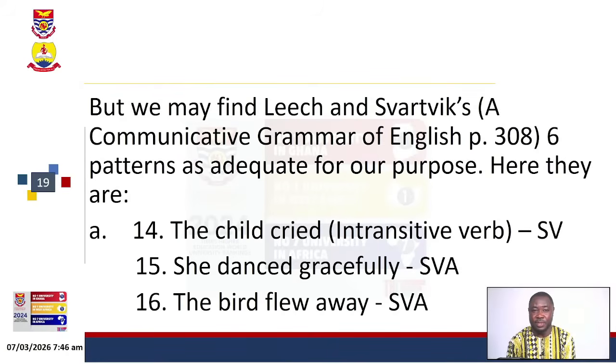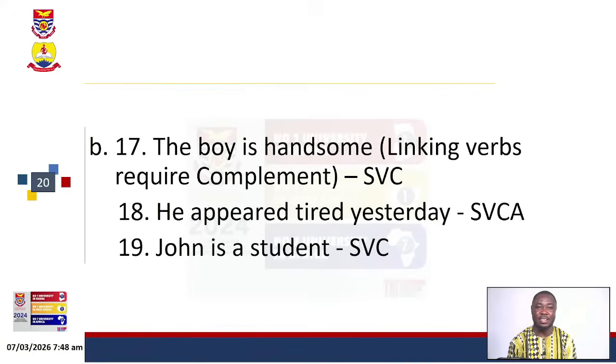Gracefully, SVA. And the bird flew away. We are showing where the flying of the bird was directed. Okay? Good. So SV, SVA, and then SVA in examples 14, 15, and 16.